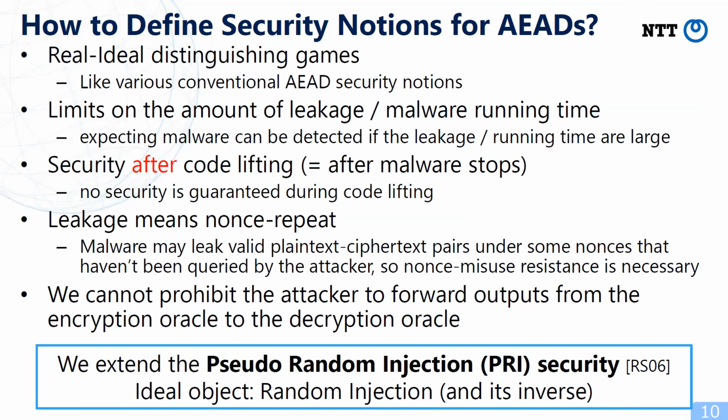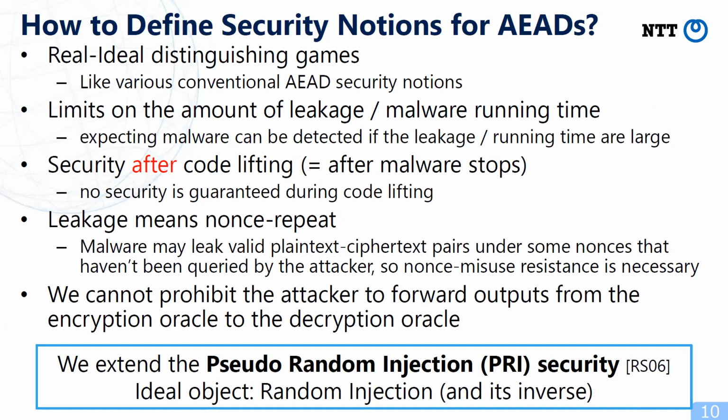And second, we imposed some limits on the amount of leakage or malware running time, expecting that malwares can be detected if the leakage or running time are large. And third, we consider security only after code lifting or only after malware stops, because no security can be guaranteed during code lifting or while malware is running.